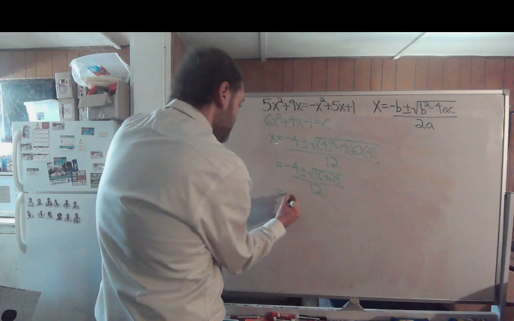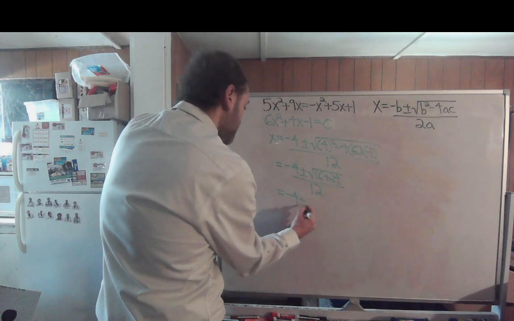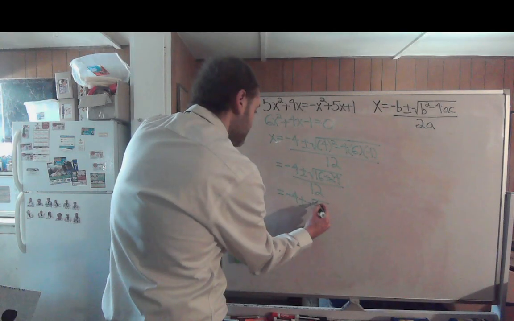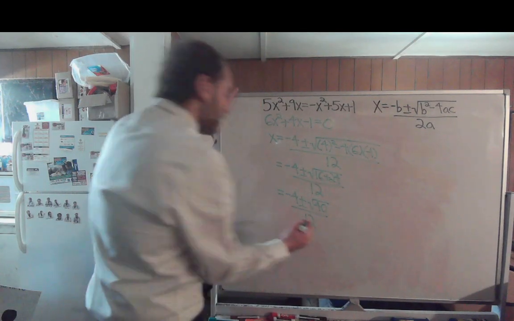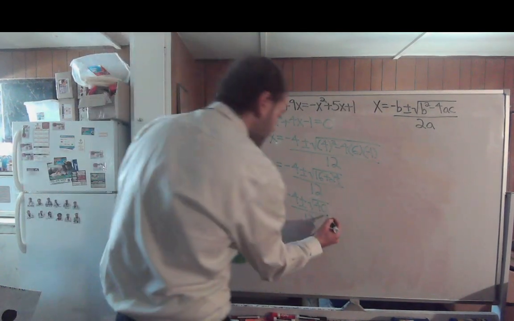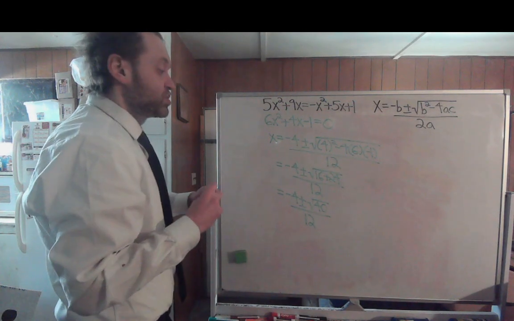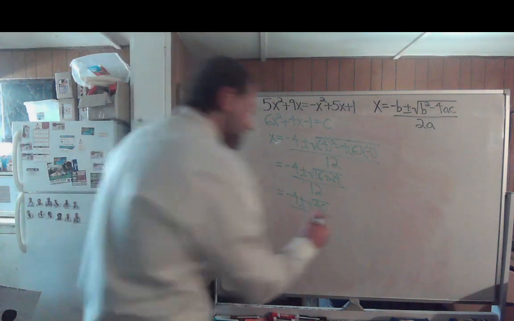So that's going to equal negative 4 plus and minus the square root of 40 all over 12. All right, so what does the square root of 40 break down into? It breaks down into the square root of 4 times the square root of 10.